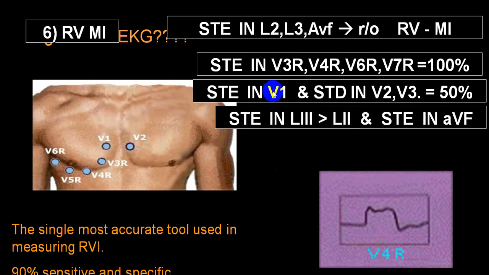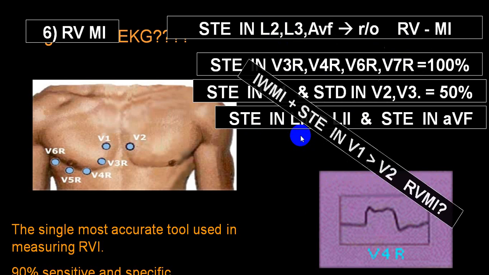And if there is an ST elevation in 3 more than 2, then also it is in favor of RVMI or suspect RVMI, and also you should try to rule out in case of a true posterior wall MI.